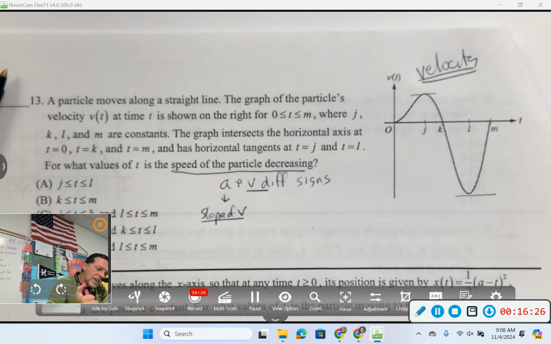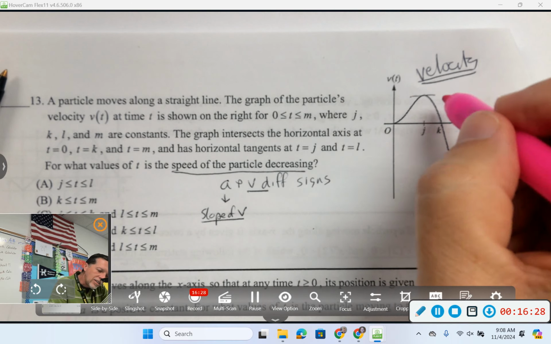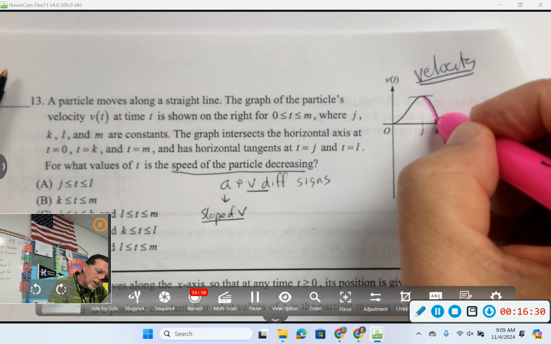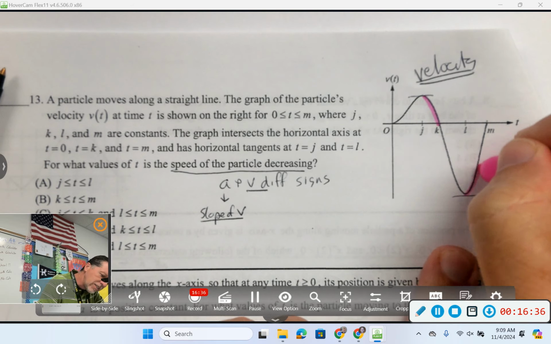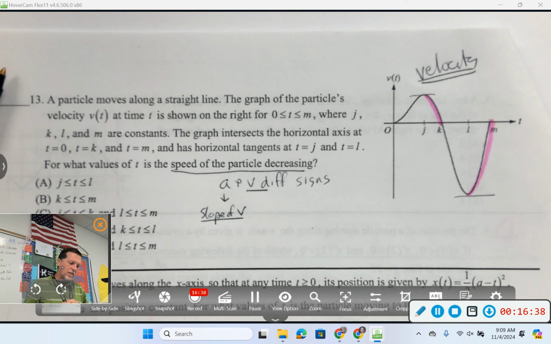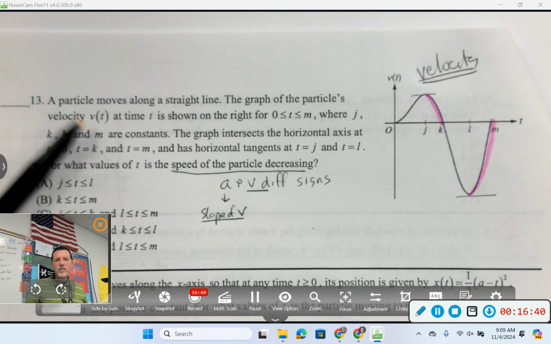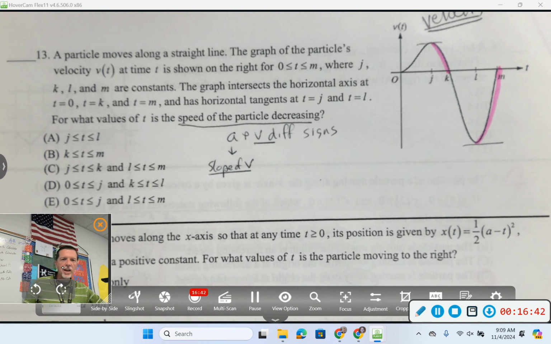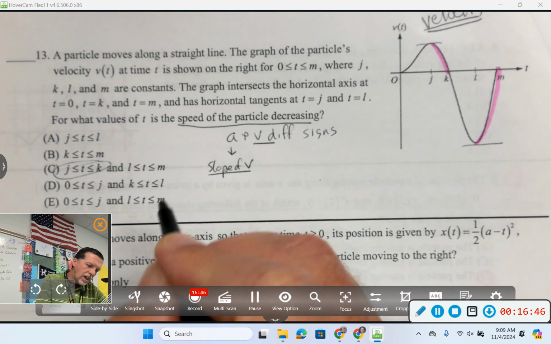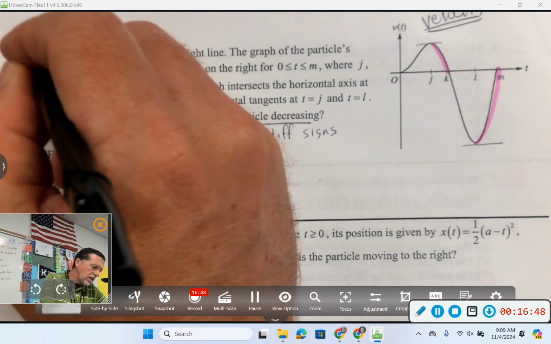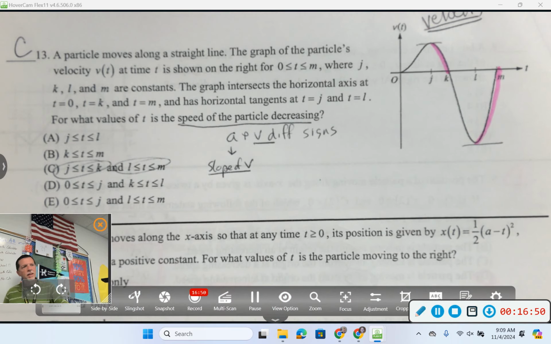That would be from there to there. V is positive, but the slope is negative. And over here, V is negative, but the slope is positive. So the speed is decreasing on those pink highlighted areas. So J to K and L to M. Concepts, concepts, concepts.